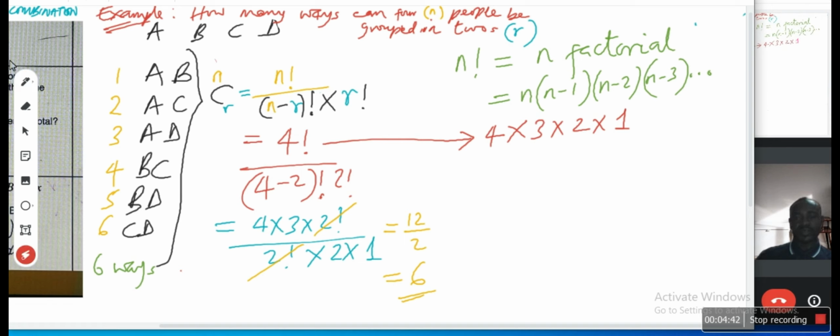So N combination R is N factorial all over open the bracket, N minus R factorial times R factorial. So for 4 combination R, which we are working on based on this question, there are 4 people involved. We are going to group them in twos. So that's actually 4 combination 2.